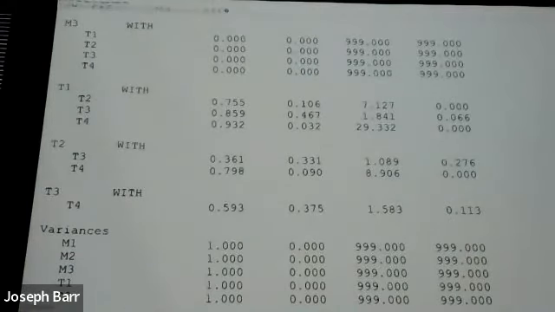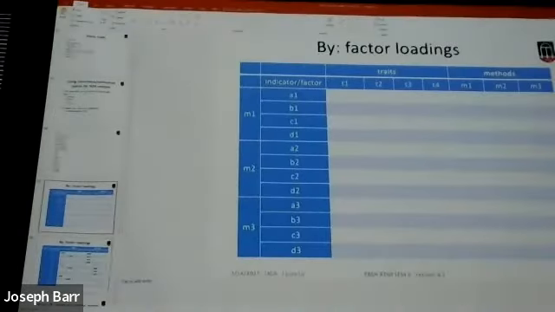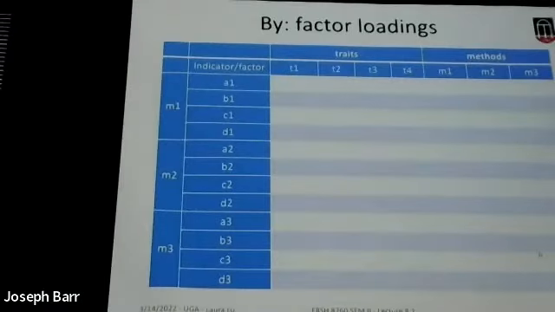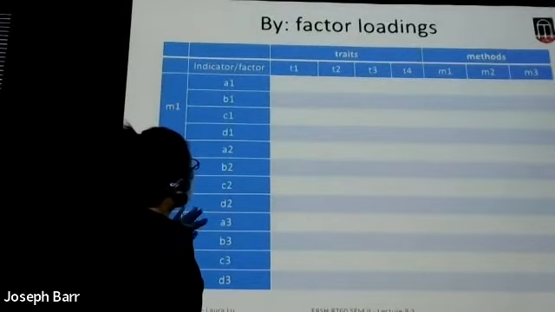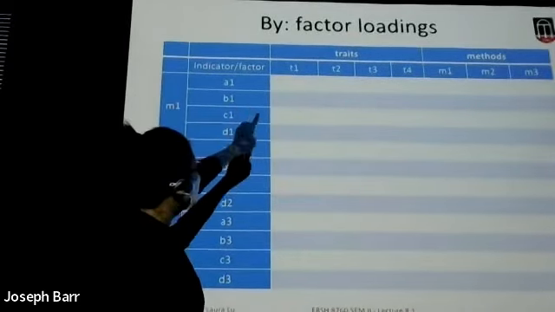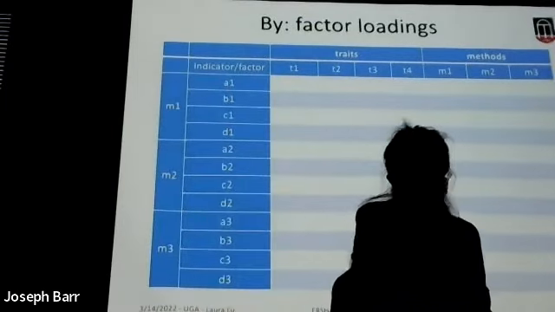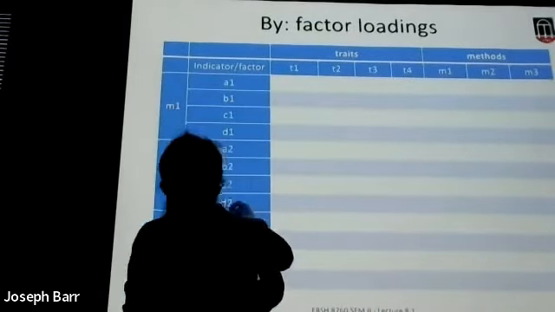I have some tables for you. In your final paper, your journal articles, manuscript, or dissertation, you should report this table. Let's look at this. This is a blank table. That means we have some factor loadings here.